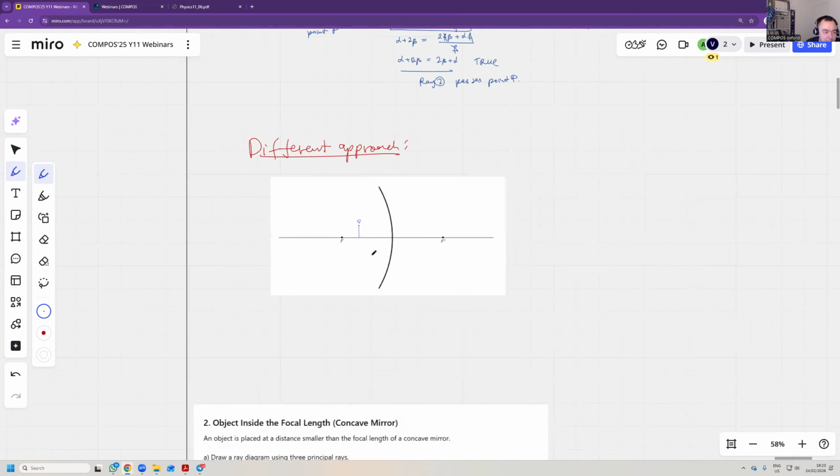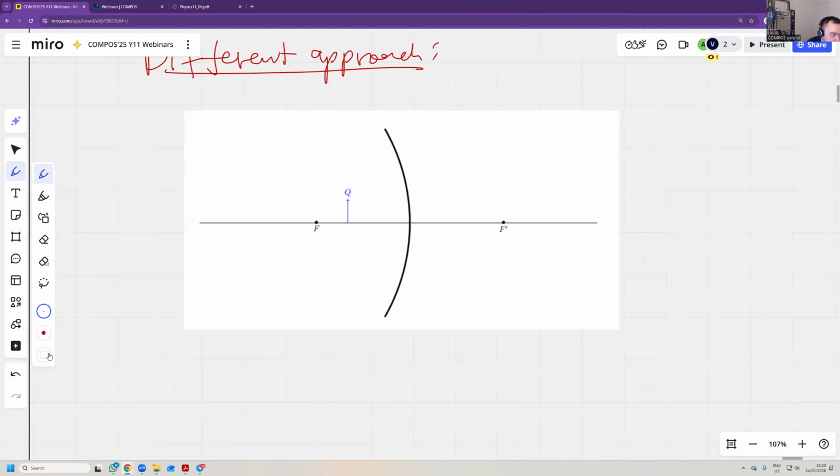Right, so the different approach goes the following way. You already know that ray one passes through that given point.